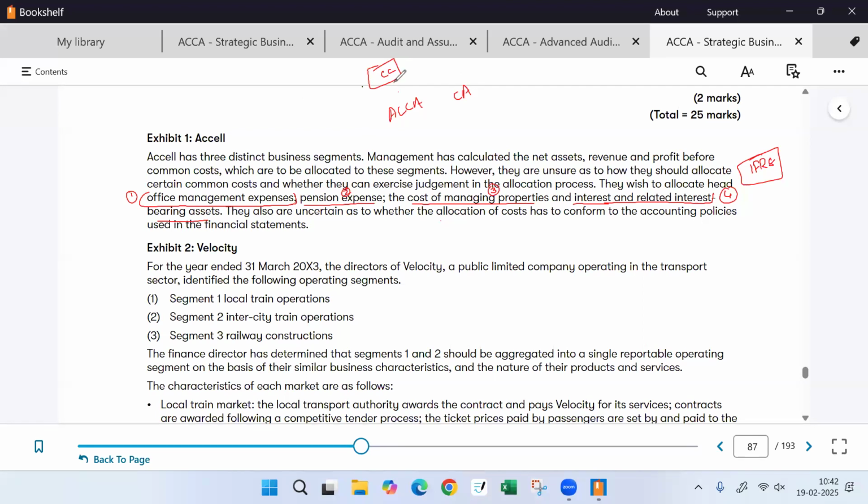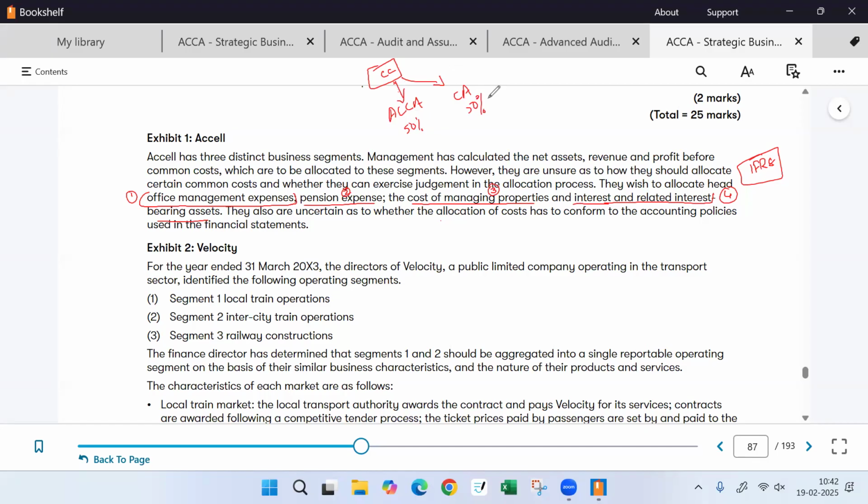Do I need to allocate the cost of the career counselor's salary which I'm bearing? Should I allocate it to ACCA as well as CA? What if this career counselor is spending 50% talking to the ACCA students, 50% talking to CA students? I should, right?